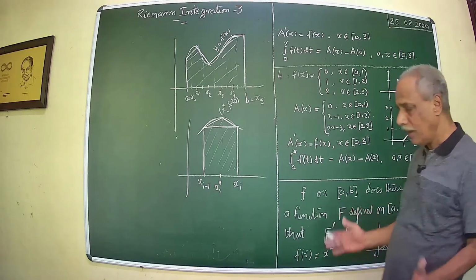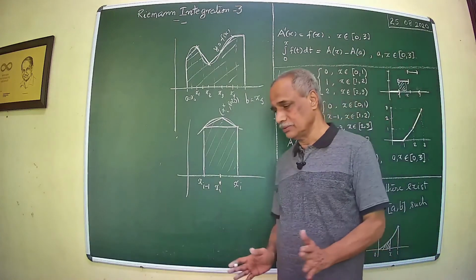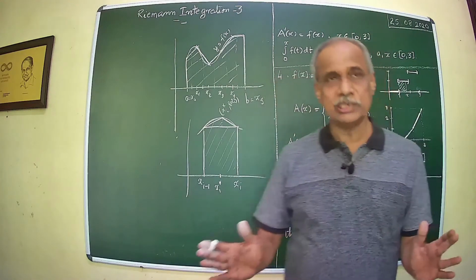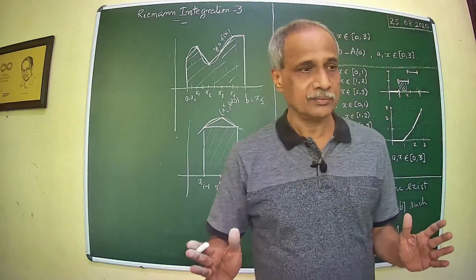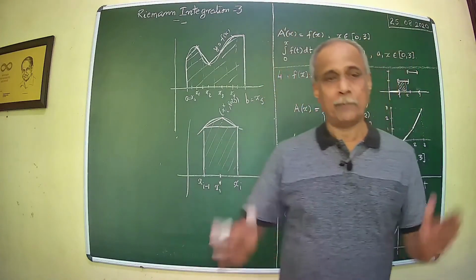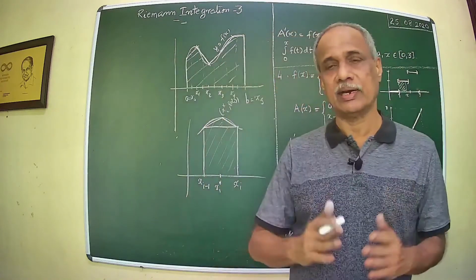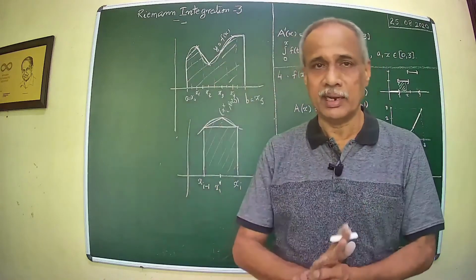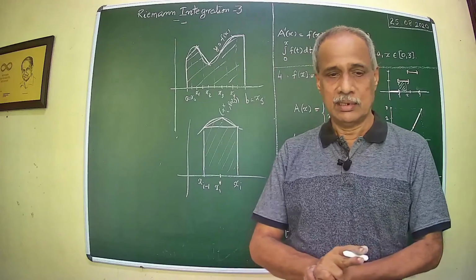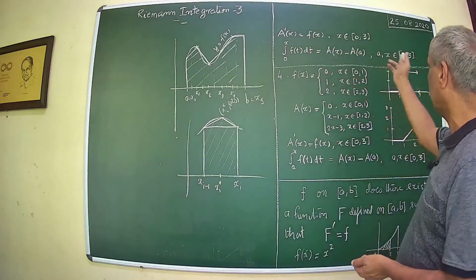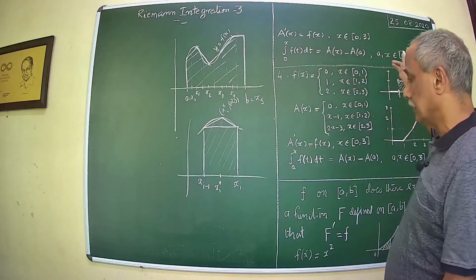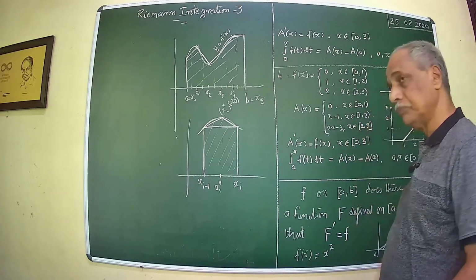So one way of doing this is introducing a partition of the interval and approximating the given curve by polygonal curves. But in this case, you end up with a scenario that you have considered in example 3.